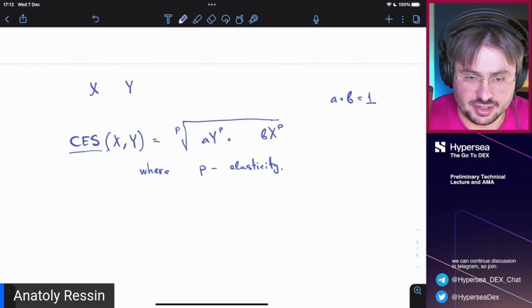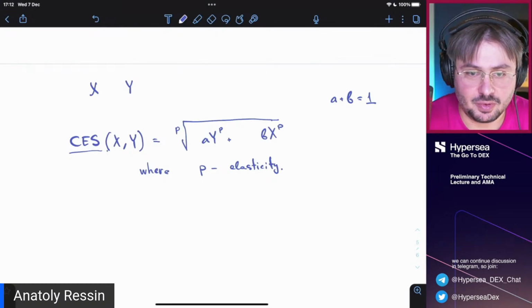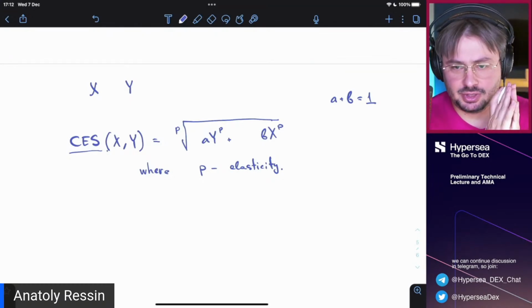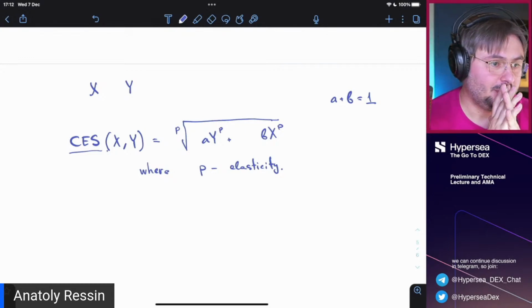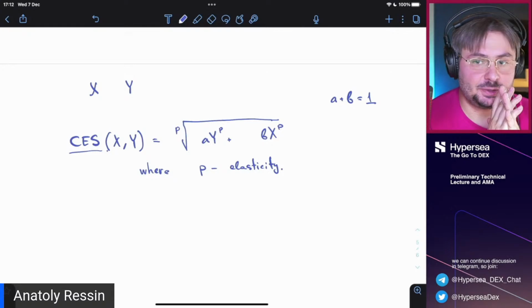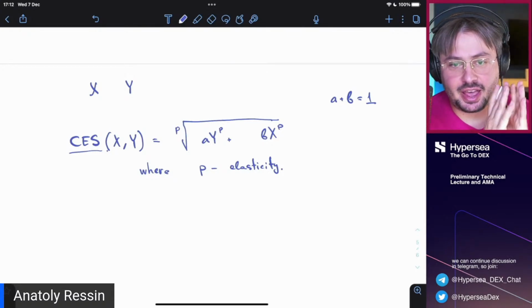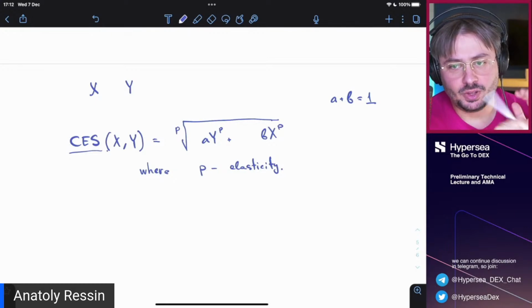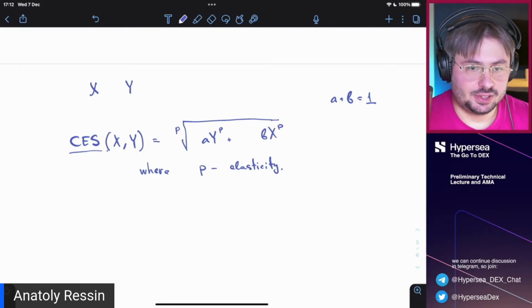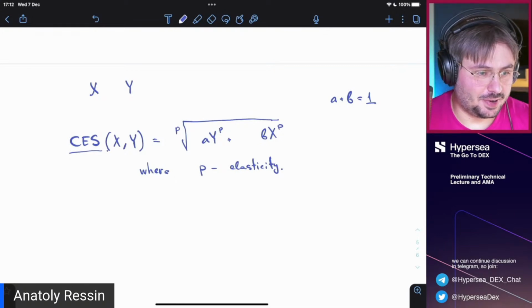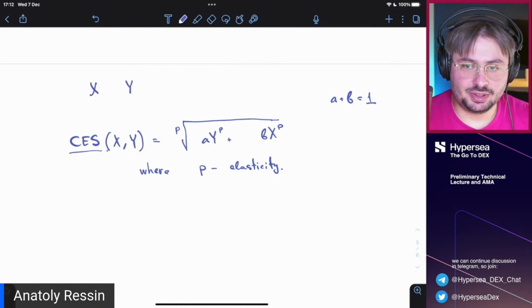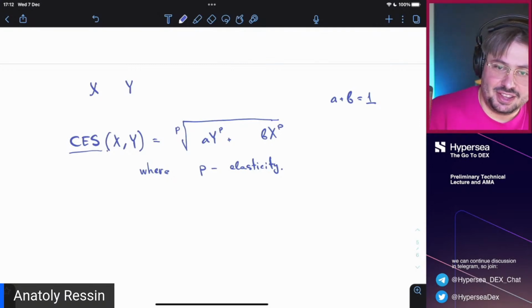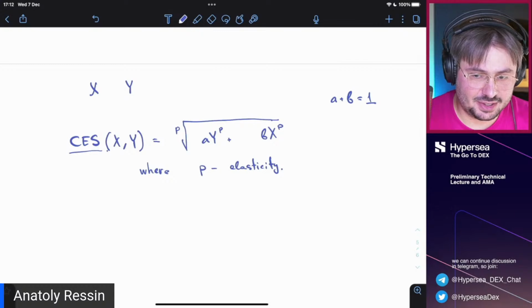A plus B is equal to 1, and it's a very simple formula that allows you to have every possible thing between complete substitution and complete complements.